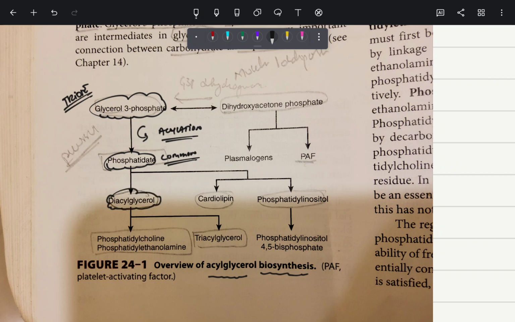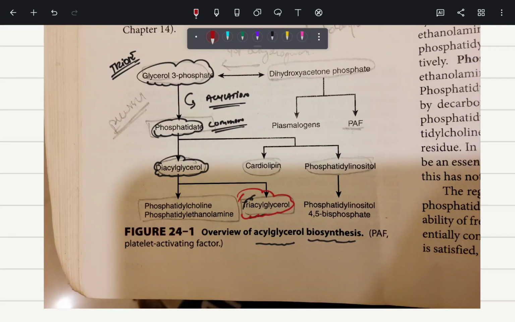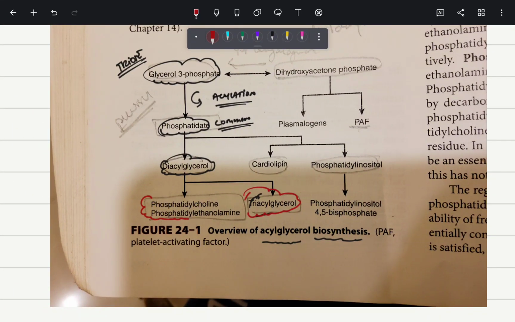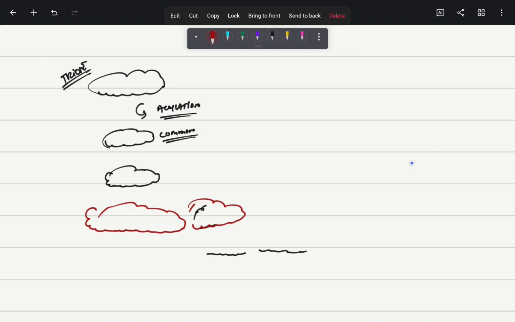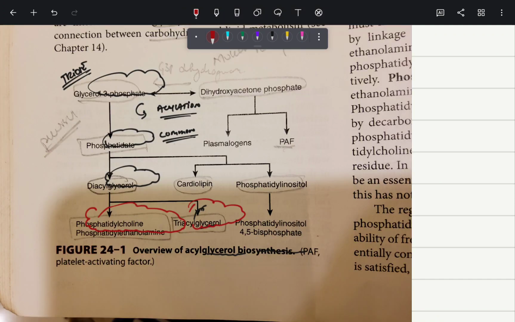Acylglycerols such as diacylglycerol, from which we can synthesize the triacylglycerol. And not only that, we can synthesize phospholipids such as phosphatidylcholine, phosphatidylethanolamine. And not only that, from phosphatidate we can synthesize your cardiolipin. And from phosphatidate itself we can synthesize phosphatidylinositol.